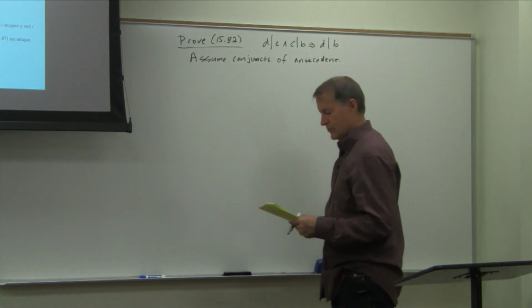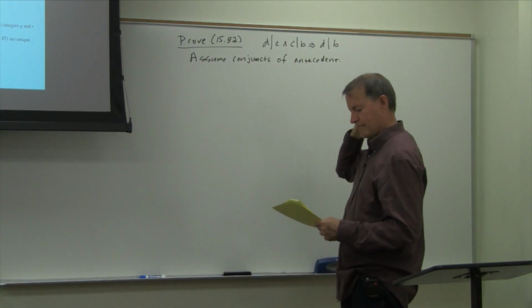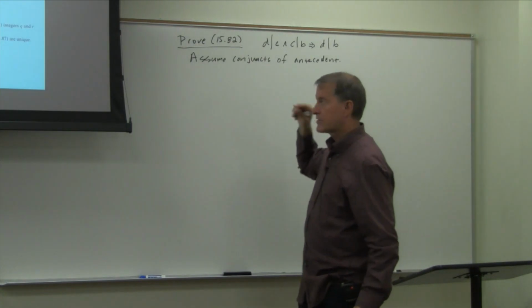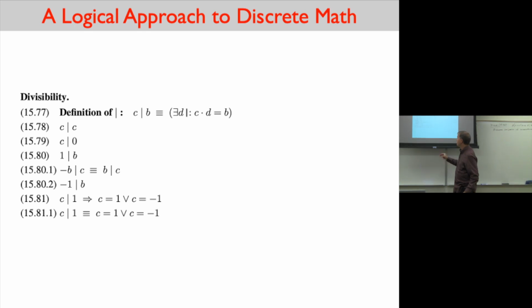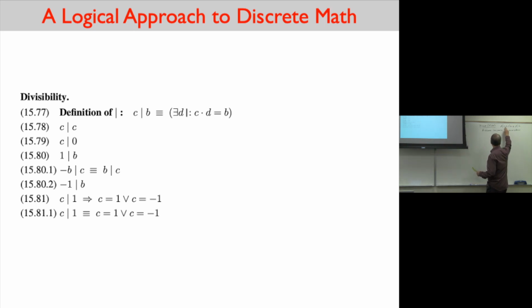Let's go back to the definition. We're actually going to use a little bit of informality here. We're going to use the definition of divides for each one of these conjuncts. First let's do the left conjunct.